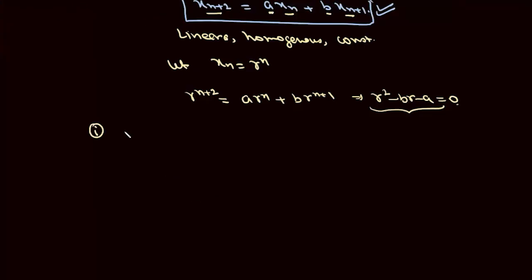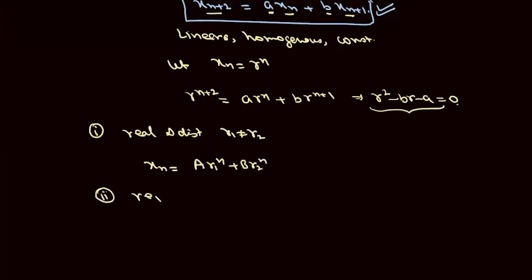Now, if this equation has two real and distinct roots, say r1 and r2, then x_n will be given by a r1 to the power n plus b r2 to the power n.